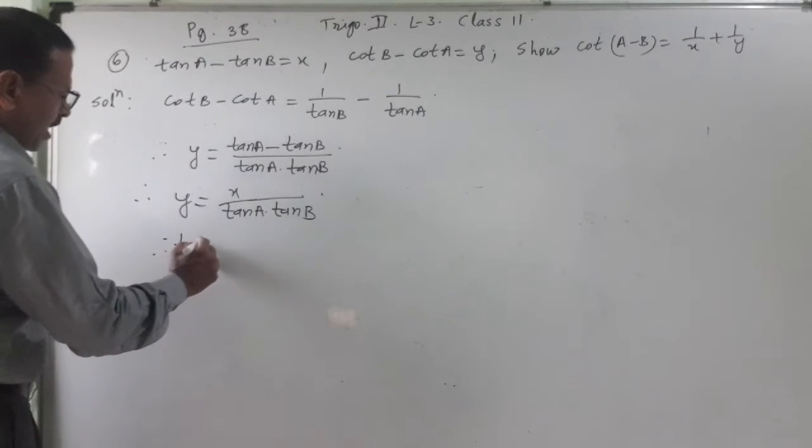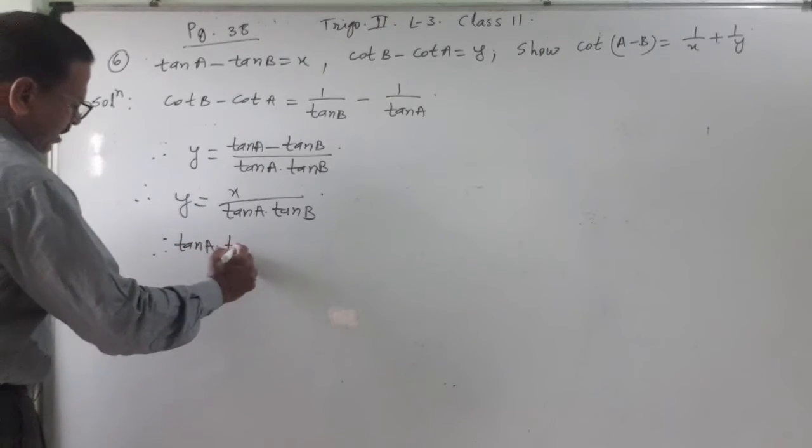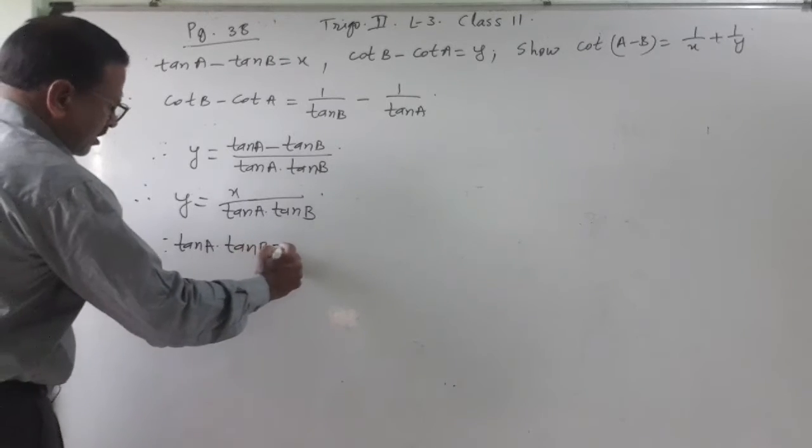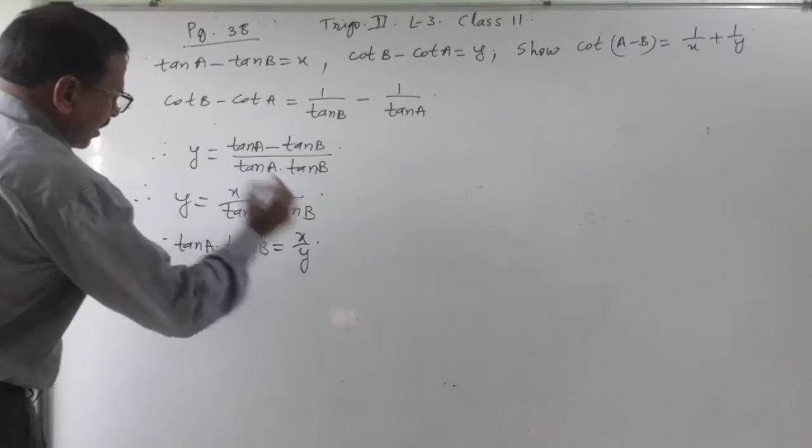So, tan of A into tan of B is equal to x upon y. Okay.